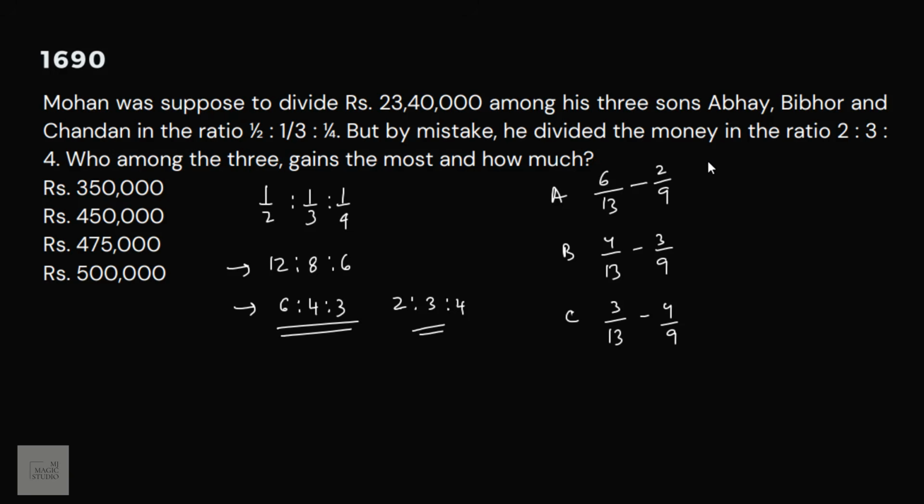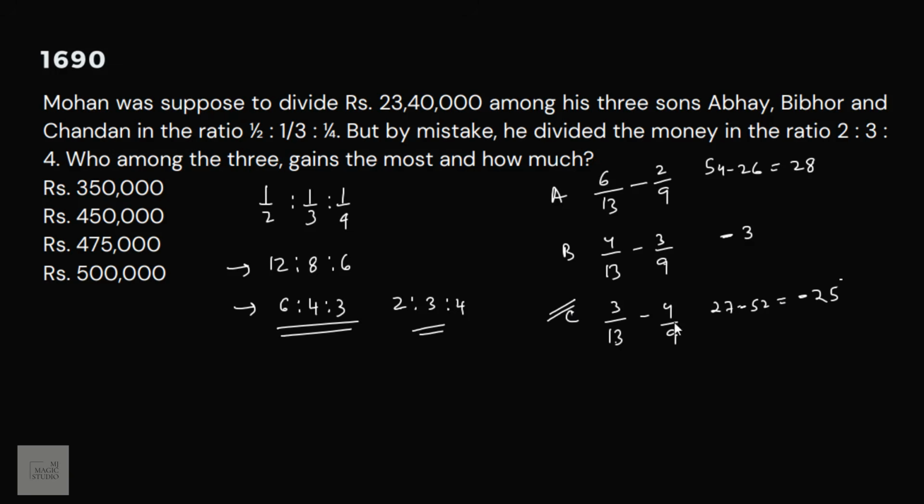Okay, 54 minus 26, 28 points. 36 minus 39, minus 3 points. 27 minus 52, minus 25 points. Now the question is, who gains the most?